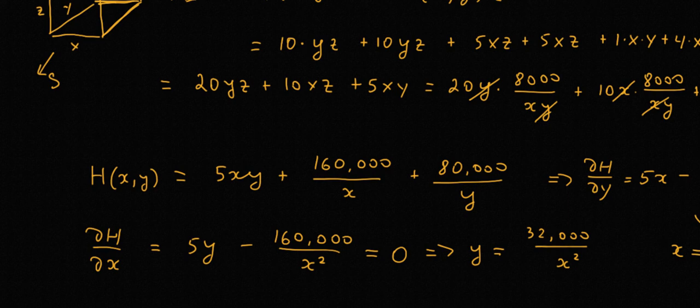but it will have a minimum value because taking very large values for x and y is going to give us a very large value for the function. Taking very small values for x and y is going to give us a very large value of the function.